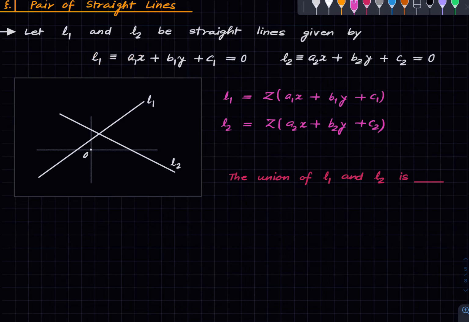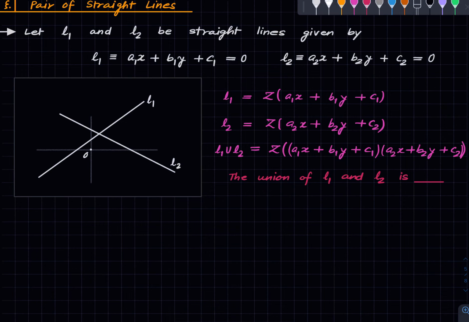And therefore, by what we learned, L1 union L2 is the 0 set of the product of the two algebraic expressions. Right? This is what we just learned.